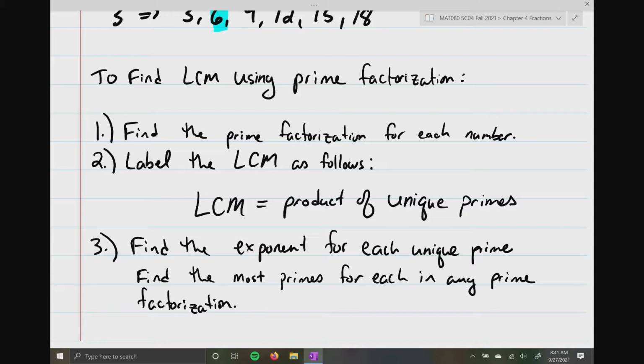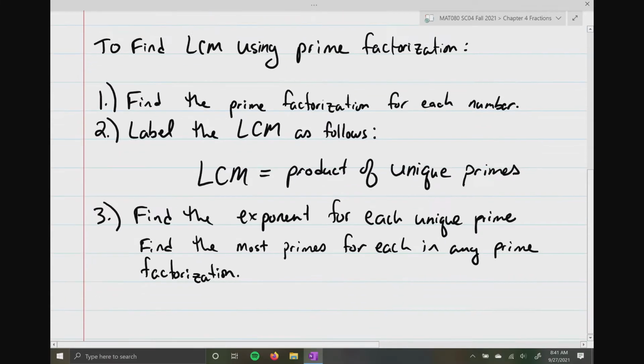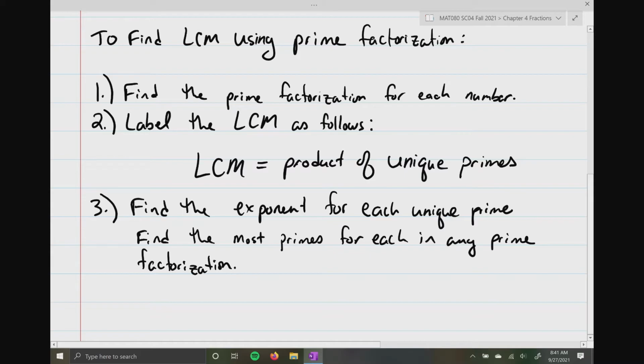And whichever factorization has the most, that's gonna be your exponent. All right? So go ahead and write that down, and then I'm gonna show you how this works. It's very easy.